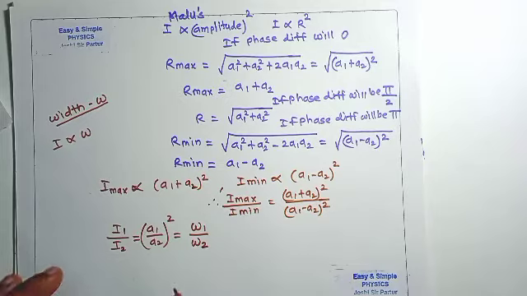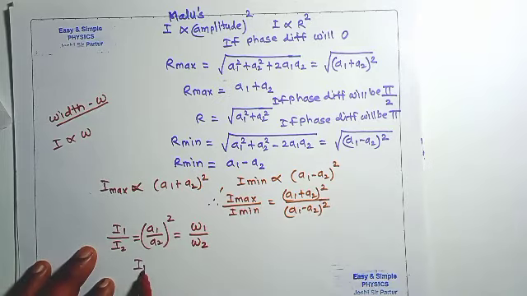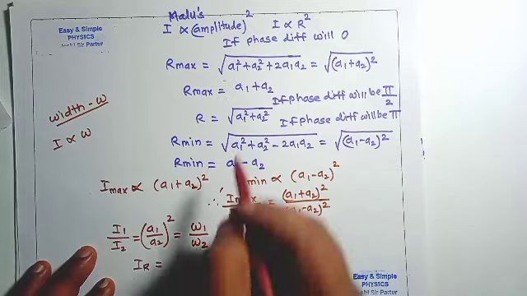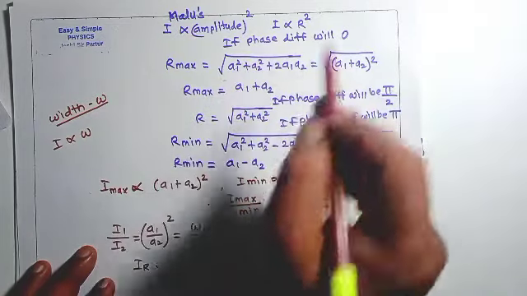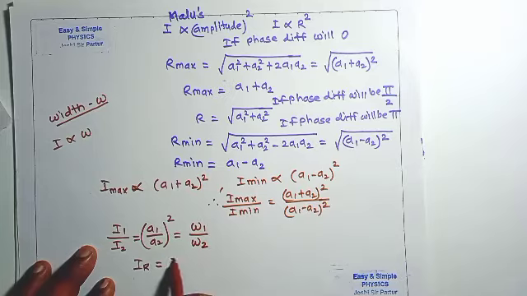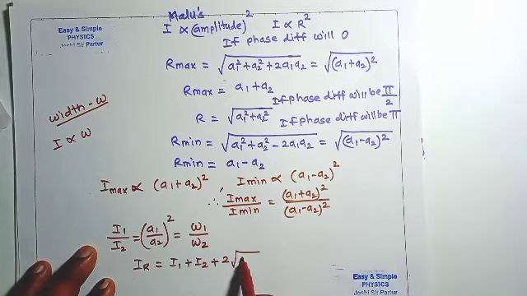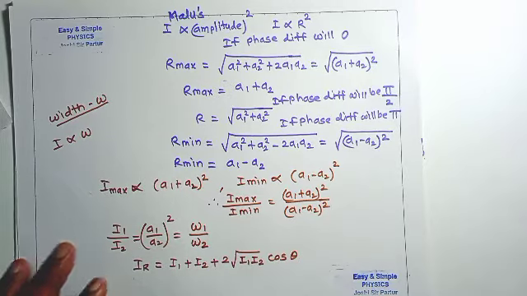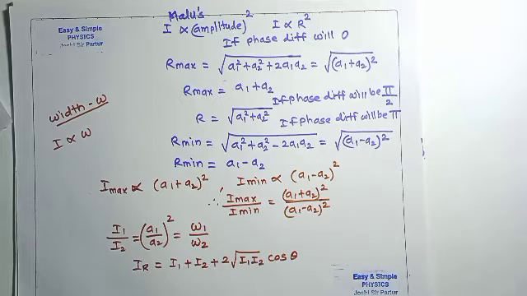If we write in terms of intensity, the resultant intensity is R square, meaning I1 plus I2 plus 2 times square root of I1 I2 cos of theta, or cos of phi, that is the phase difference.